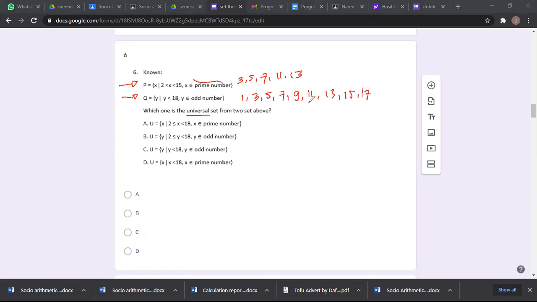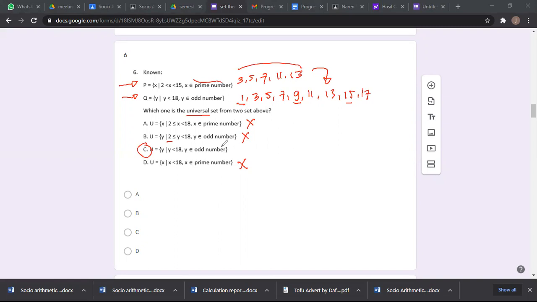I think all of these belong to the universal set as well. So I will eliminate this option because we have 9 and 15 here, so that is not the universal set. So maybe the probability is B or C. And this is not correct as well because it starts with 2, but we have 1 here. So I think this is the correct answer.